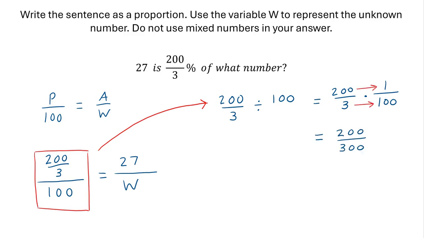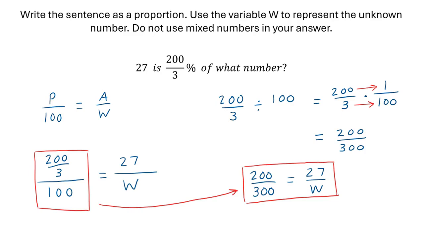And when we multiply fractions, we multiply numerator times numerator, or top times top, and bottom times bottom. 200 times 1 in the numerator gives us 200, and 3 times 100 in the denominator gives us 300. So the complex fraction 200/3 divided by 100 is the same thing as 200/300.